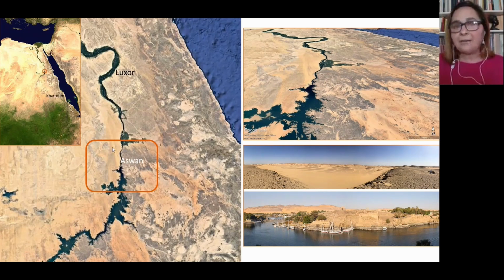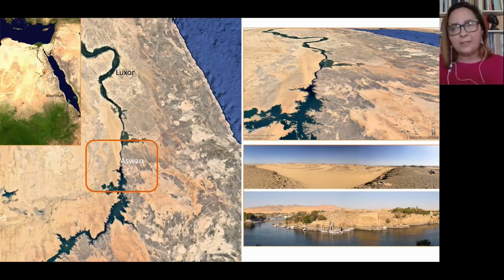It is an area that is very rocky, characterized by the presence of the Nile cataracts, granitic outcrops that stop the river flow. The desert is very close to the river, so there is not much valley, available land. So the desert landscape is very much part of this environment.